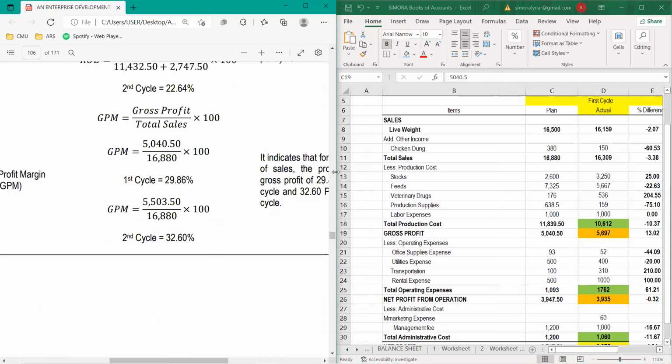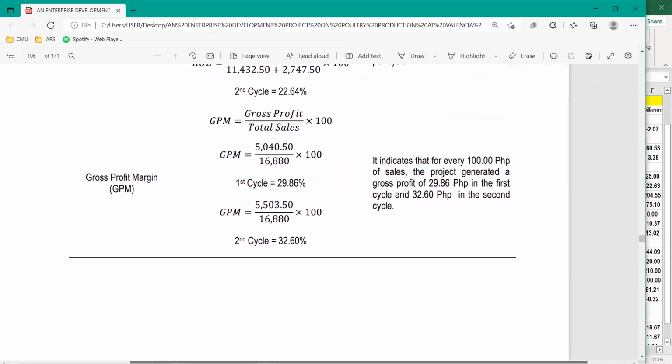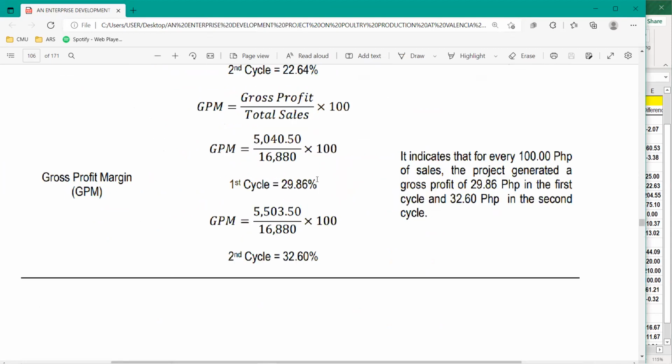In a minute. I hope it's clear to you. So it indicates that for every 100 pesos of sales, the project generated a gross profit of 29.86 pesos.